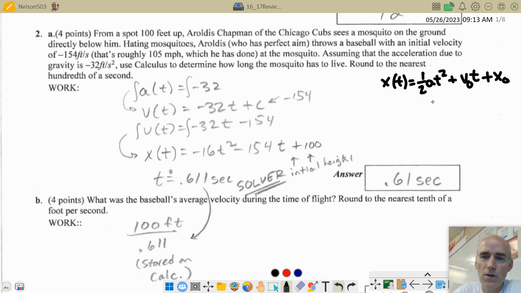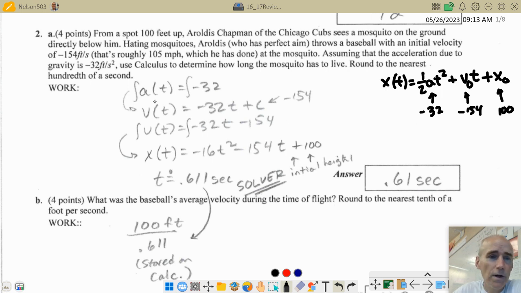So they're telling us all those things: the acceleration of gravity, the -32, right? The velocity of -154, and the position of 100. The guy is throwing the ball from 100 feet up in the air.